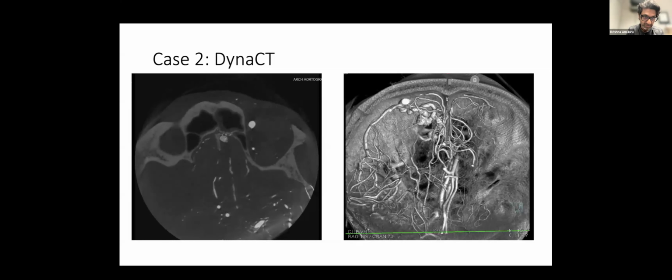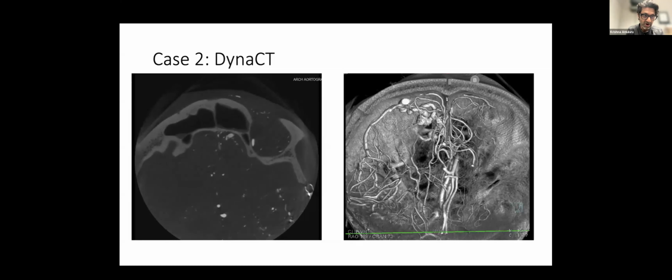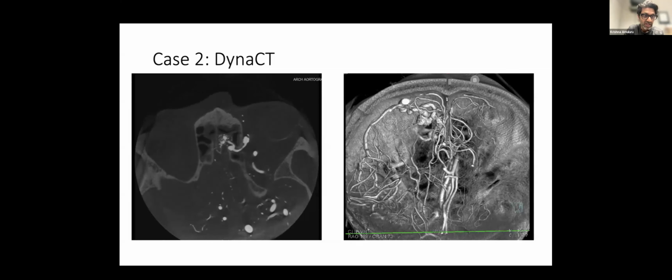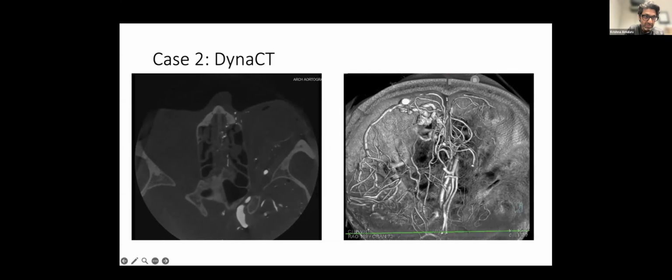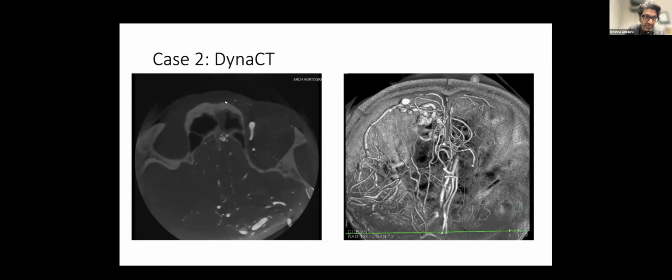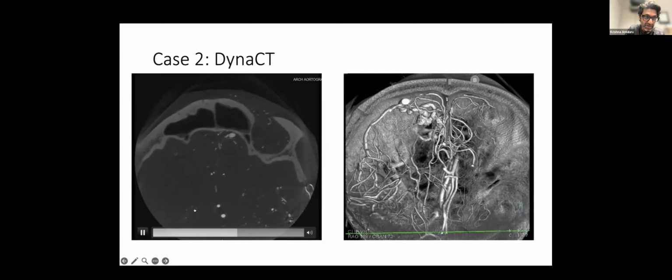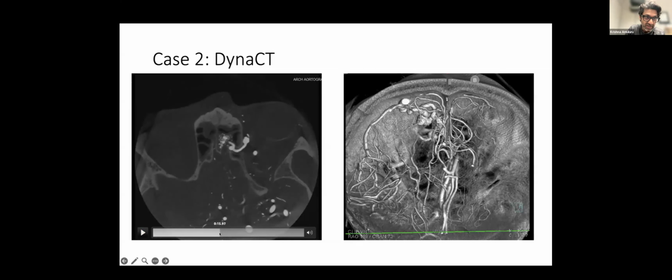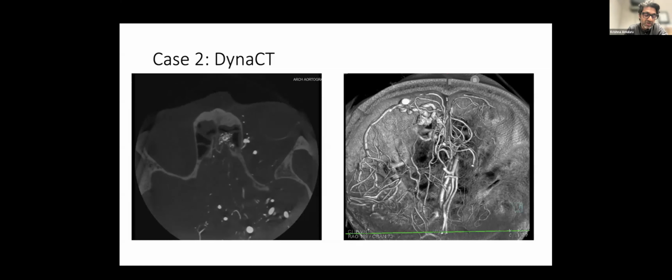So you can see this enlarged and dilated ophthalmic artery with these ethmoidal branches extending through the medial orbital wall. And you really get a better sense of the anatomy of these fistulae. Again, I don't need to tell you guys, but you can see the level of the admixing of the arterial and venous opacification. And interestingly enough, we do these Dyna CTs not only to better elucidate the anatomy, but also to evaluate the venous route.